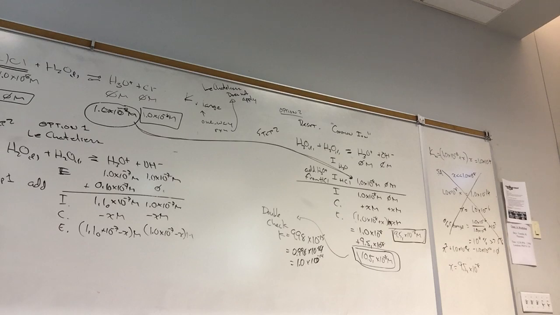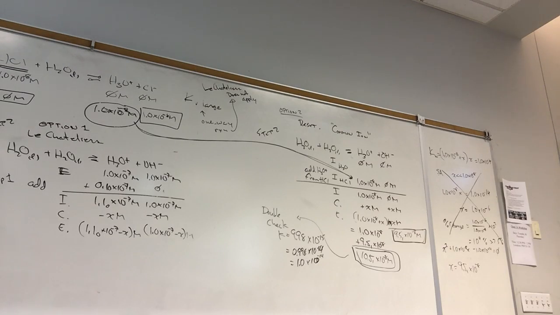Explain how each of the following affects the amount of hydrogen present in the equilibrium. If we raise the temperature of the mixture, well, this is exothermic. Would raising temperature favor exothermic or endothermic processes? It favors endo.